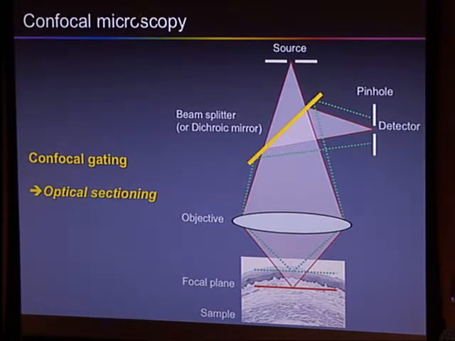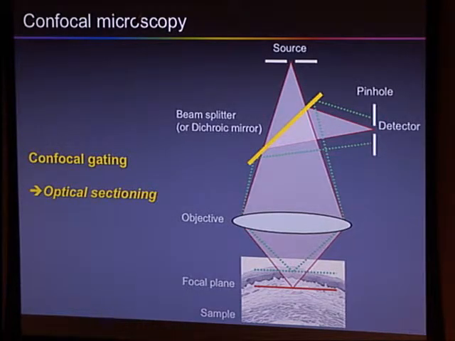I'm pretty sure everyone's familiar with some sort of microscope, but just to reiterate, a confocal microscope uses a point source, typically a laser, and focuses light down into a very small spot inside of the tissue. Then what's coming back from the focal point, either reflected or fluorescence light, is focused through this pinhole and detected by the detector.